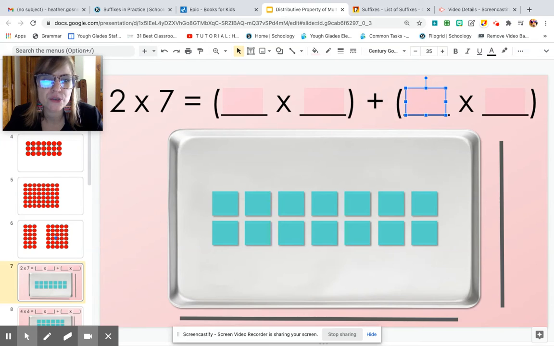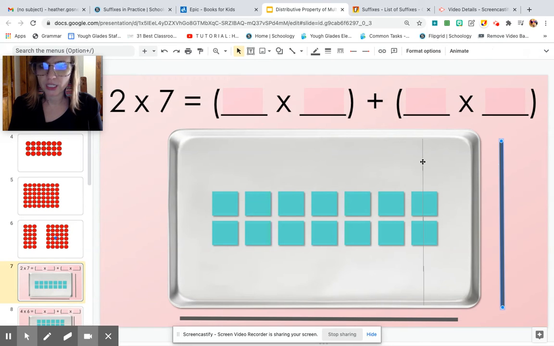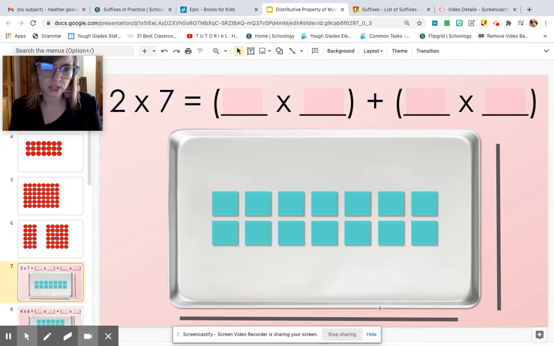So I have an array that shows 2 times 7, 2 rows of 7. How can I make this even smaller, okay? So I have 2 lines here. I have a vertical line and I have a horizontal line because I want to give you a choice. You can decide to split it by columns or you can decide to split it up by the rows. That's up to you. Now, I'm going to show you both ways in my example.